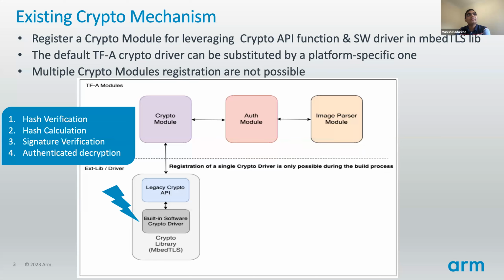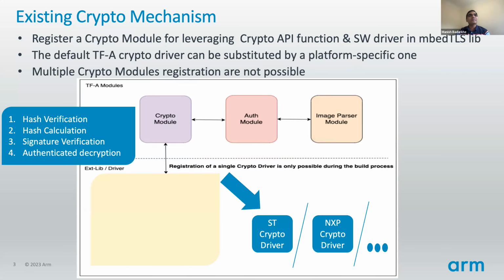Other partners like ST and NXP currently have their own crypto engines in TF-A, so their diagram looks like this, where they are not using the software-based mbed TLS crypto driver. Instead, they use their own driver and put that driver inside TF-A.